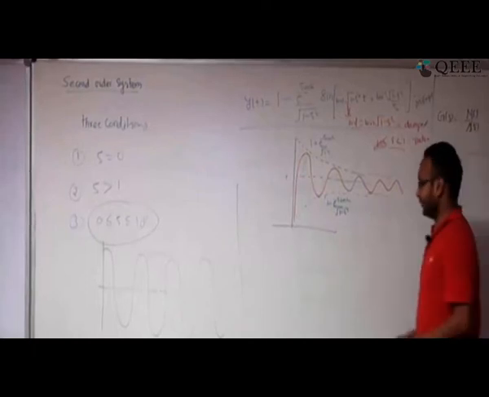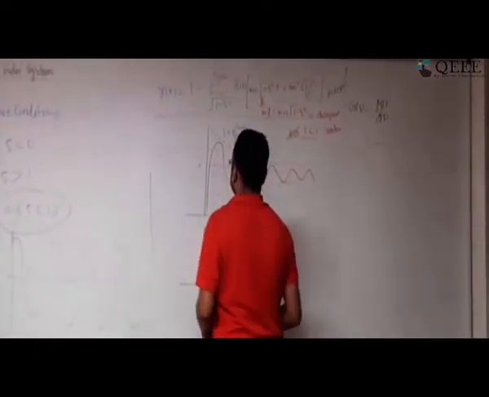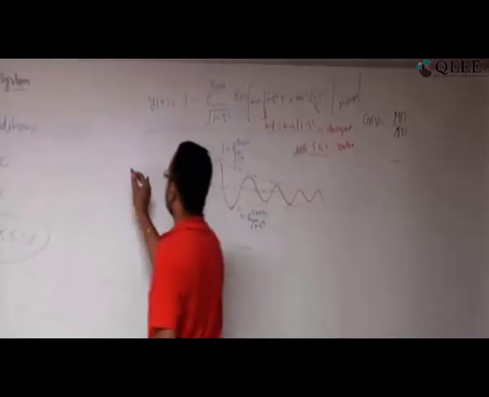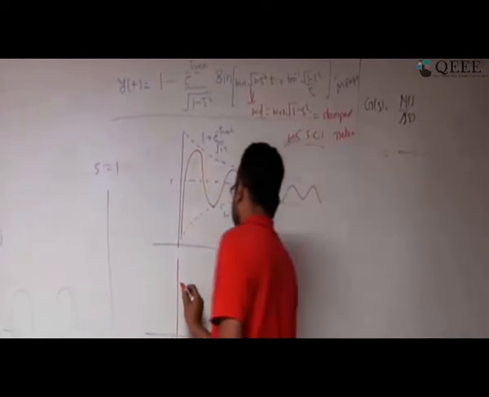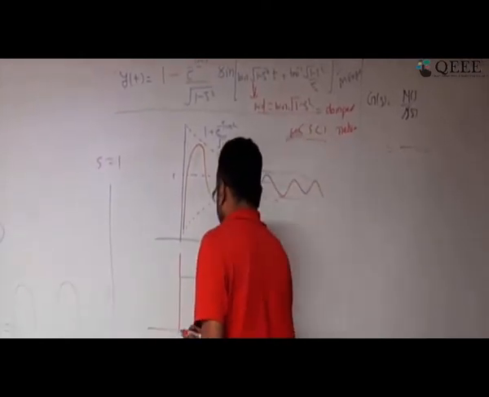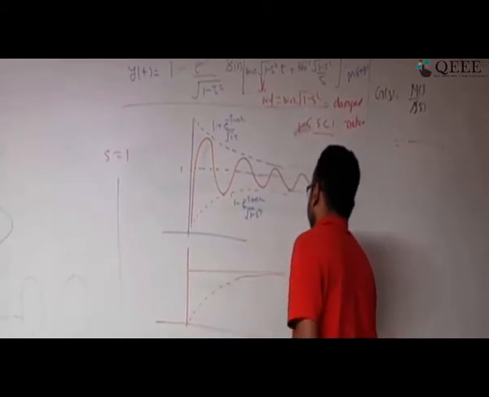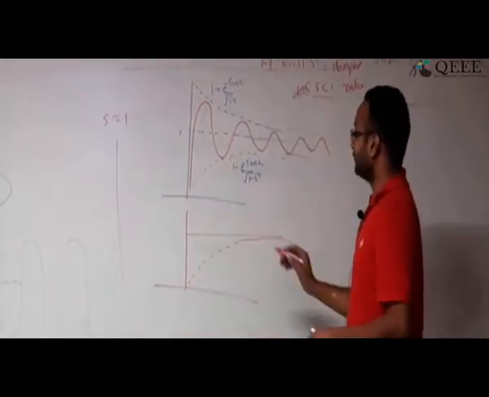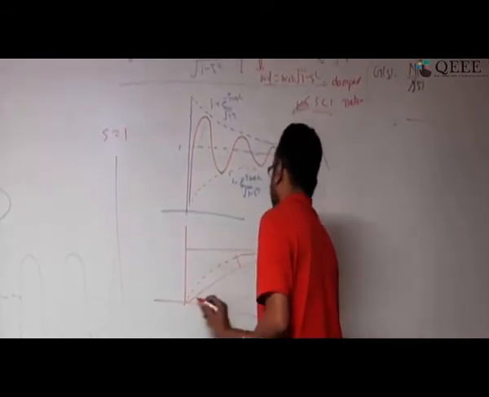Now consider the scenario when zeta is exactly 1. If you plot it, the response is going to come like something like this. And if we keep on increasing zeta, it will be like this.